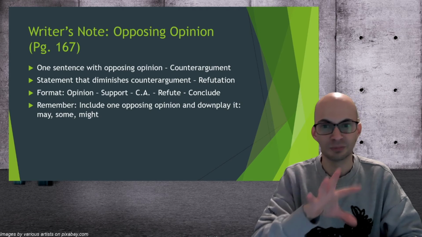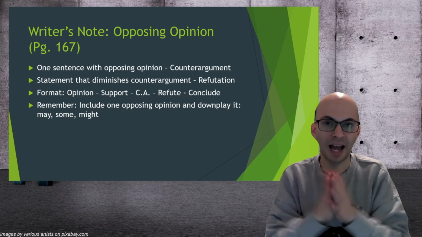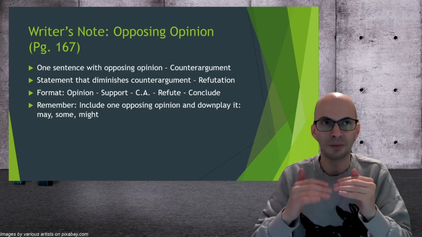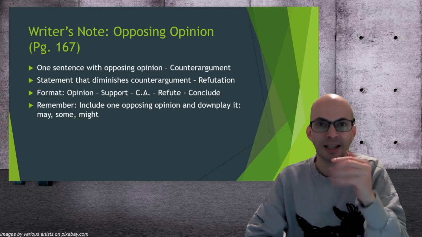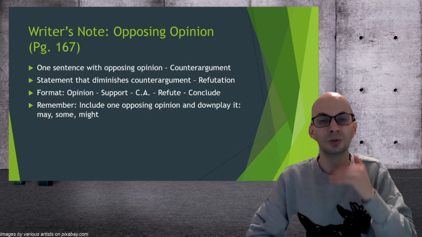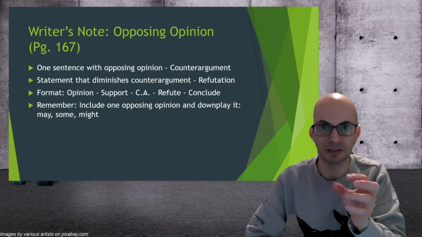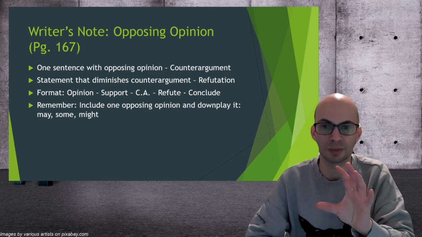And the way we do this is we add a counter argument. And that is, you maybe list some facts or supporting sentences, and then you throw in the opposing opinion's argument about those supporting sentences. That's called a counter argument.